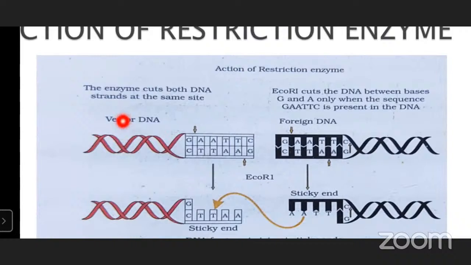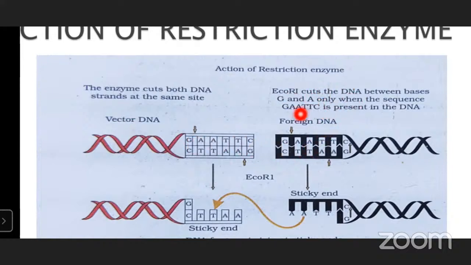Plasmids, phasmids, as well as YAC, yeast artificial chromosome, are used as vectors. But in most of the cases, plasmids are used as vector. Vector means which carries the foreign DNA from one organism to another organism.